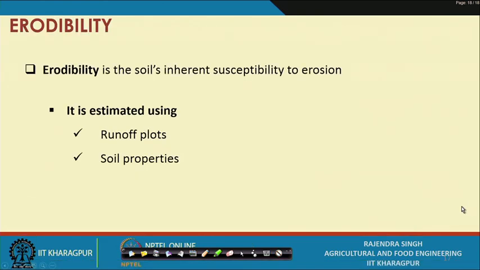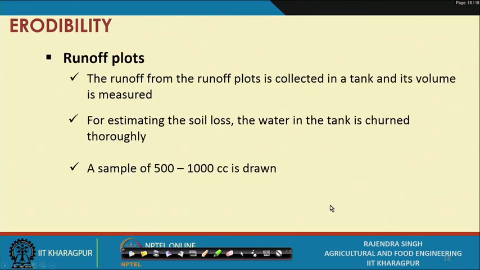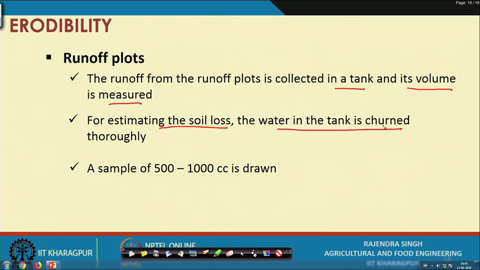The next thing is erodibility, which is the soil's inherent susceptibility to erosion, and this can be estimated using runoff plots or soil properties. As far as runoff plots are concerned, runoff from the plots is collected in a tank and its volume is measured. For estimating the soil loss, the water in the tank is churned thoroughly so that the soil-water mix is complete.